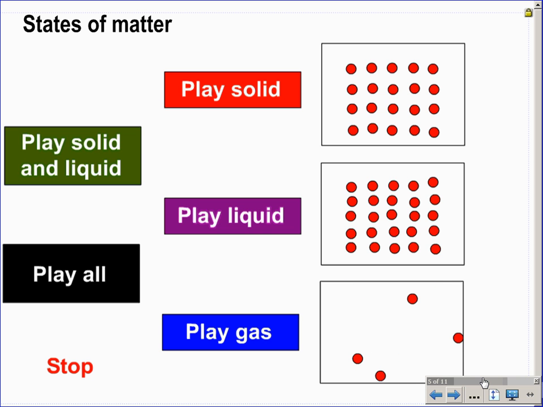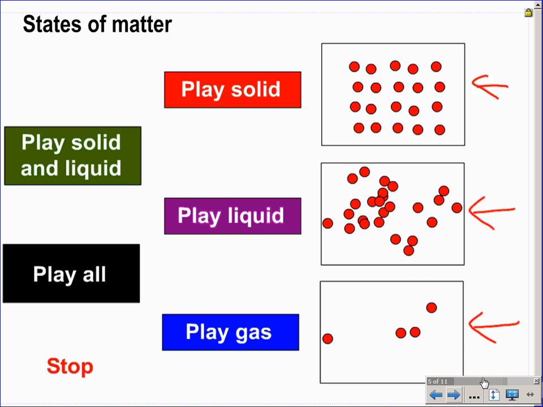Just to reinforce the particle theory. In a solid, up here, we notice that the particles are very close together. Not a lot of movement. With a liquid, we have more movement with the particles. In the gas, the particles are flying all over the place. So I'm going to quick play all, and you can see for yourself.